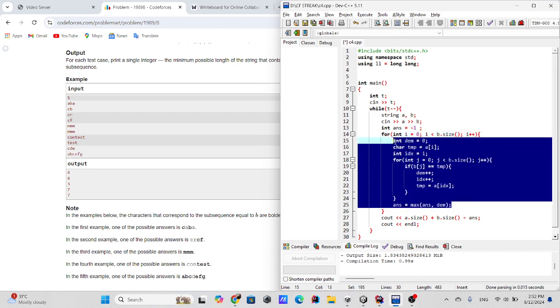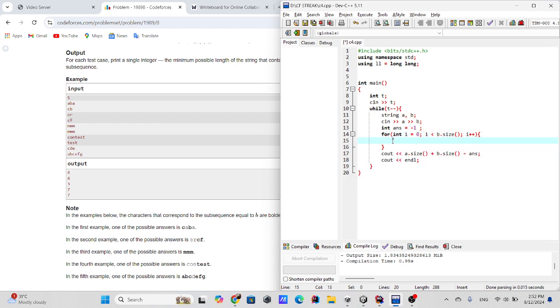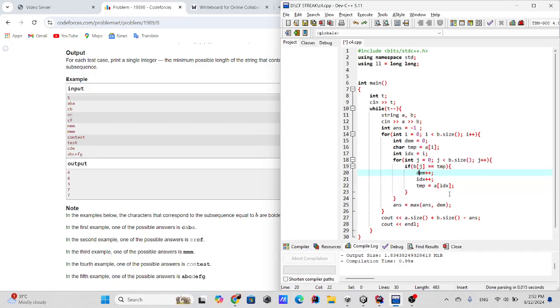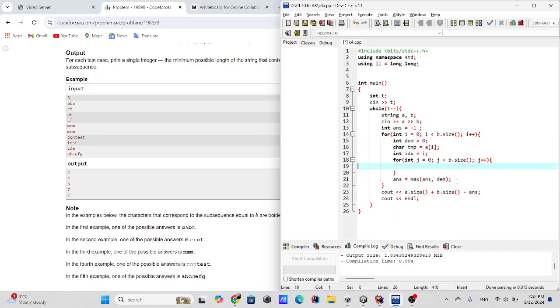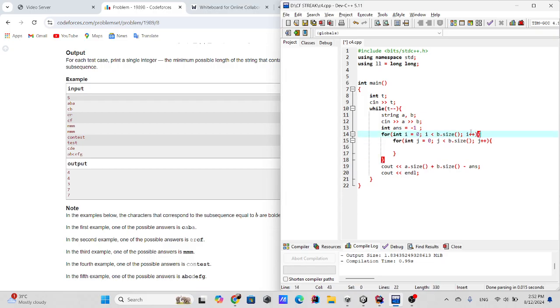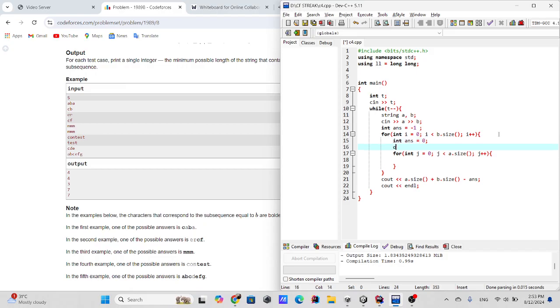Maybe like this. Yeah, I should definitely reverse the loop. Or E. I think E will be more correct.